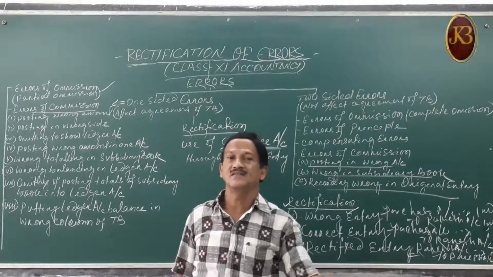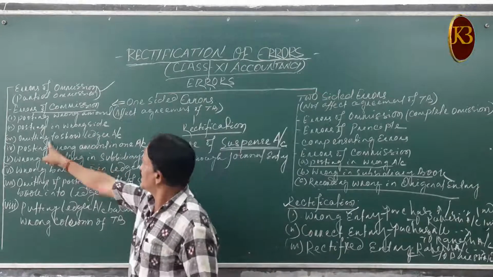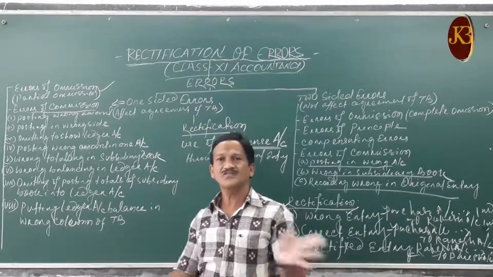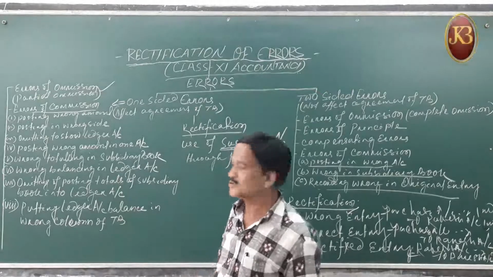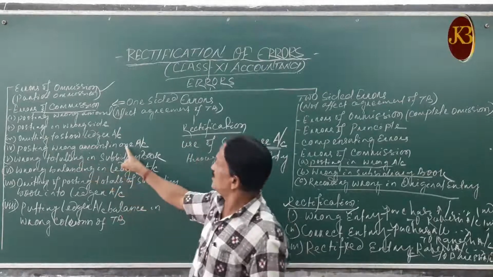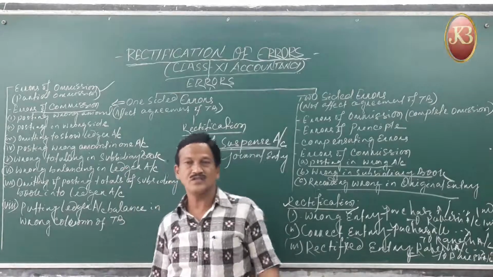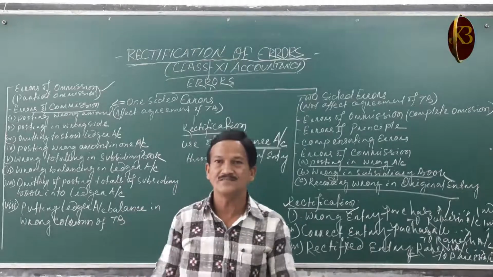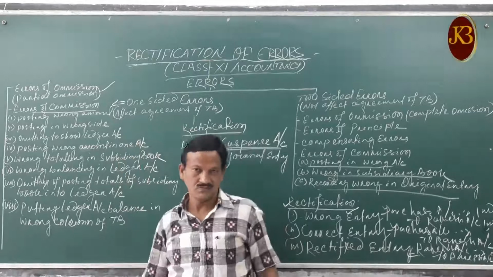So that is the wrong side. Then omitting to show the ledger account balance: wages account balance found to be 200 has been omitted. Posting wrong amount in one account: purchase of goods from Rakesh 1000 recorded as 100. So only one account is wrong.